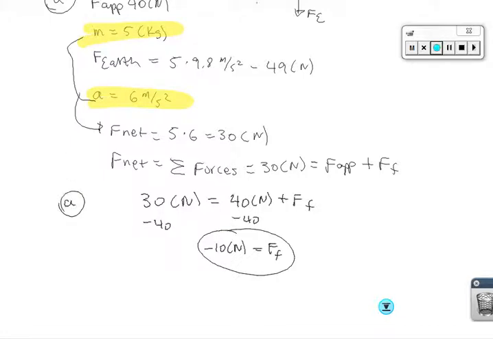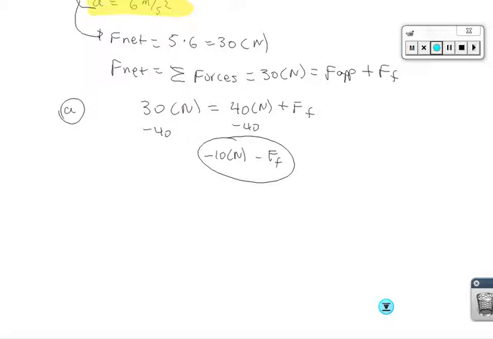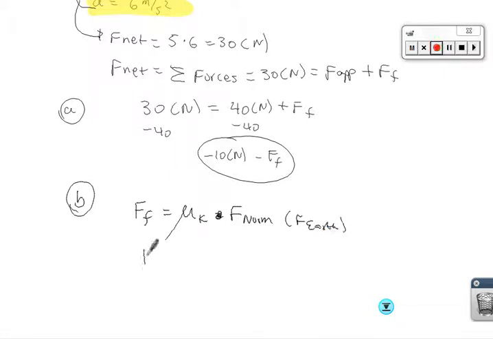Part B, we can define the coefficient of friction. The coefficient of friction, in this case kinetic, times the normal force, which we already know is the same thing as the force of earth. So the frictional force, which we just calculated to be negative 10, equals the coefficient times the normal force, which is the force of earth, which is 30 newtons.